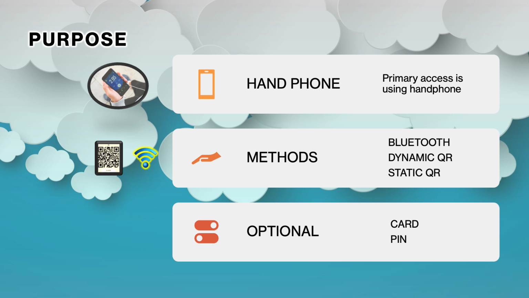That is the purpose that we are trying to emphasize here. Additionally, other access methods are our conventional methods, which are the card or the PIN. So we are trying to bring up a method of access control that combines Bluetooth, QR and card access, maybe the PIN as well, into one.